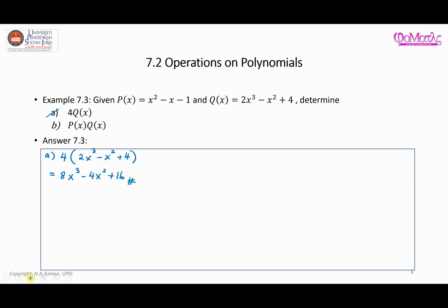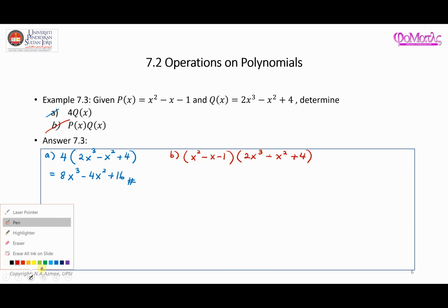Next we move on to question B, where you have p(x) times q(x). I'm going to write down what p(x) is. It is x squared minus x minus 1, and then q(x) is 2x cubed minus x squared plus 4. What you need to do next is multiply each term.